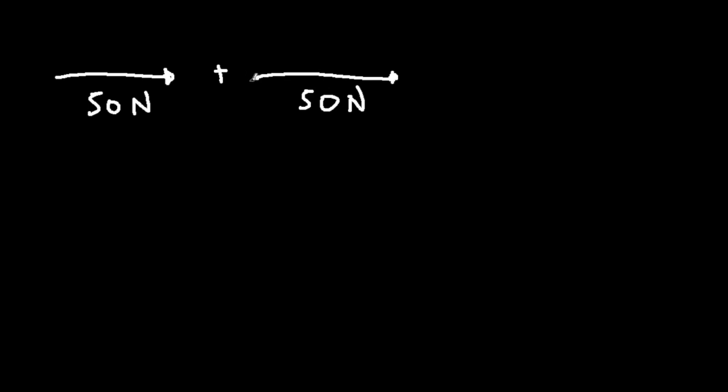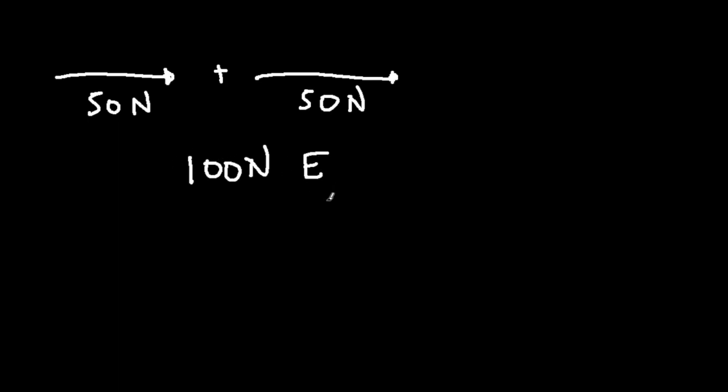Bear in mind that vectors are represented via an arrow. It should have a head and a tail. So it turns out that the result of the two vectors, when we add it analytically, is just 100 newtons directed to the east. So it's positive 100 newtons.